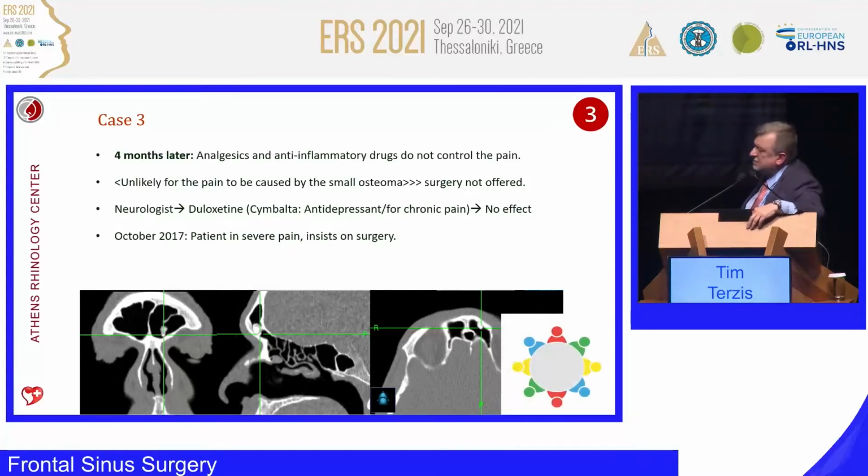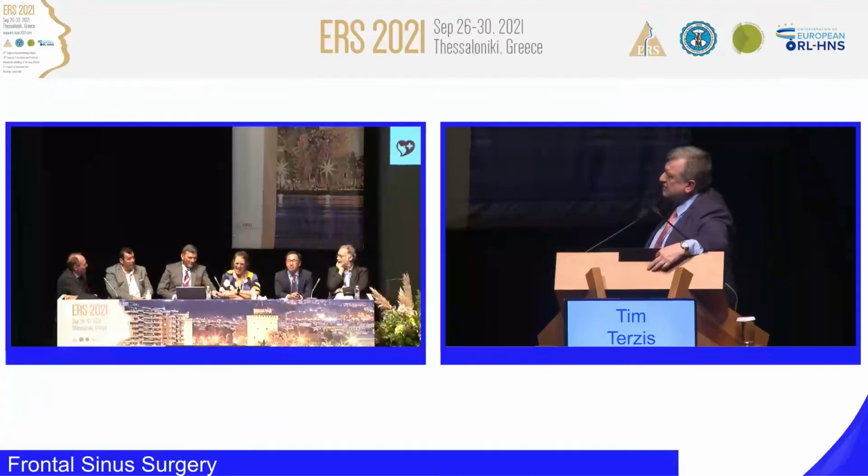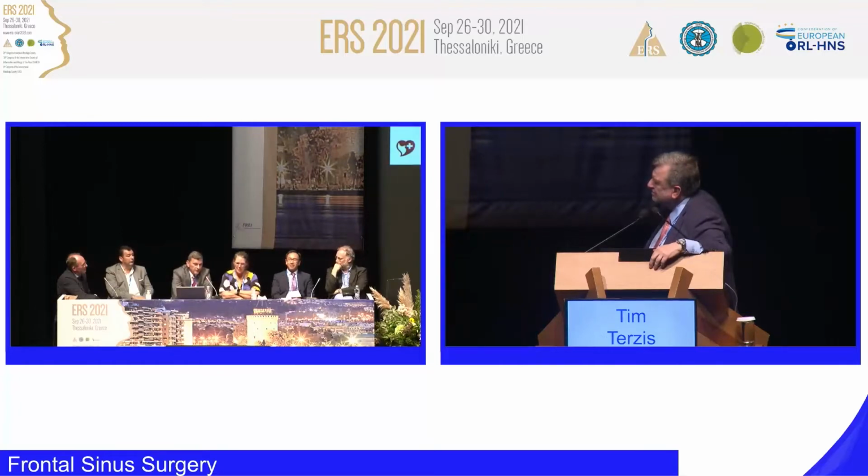So what would you think of this, Jannis? This is a difficult question. I will follow the patient. If the headache persists and continues, then I will talk with the patient about trying to remove this osteoma. I can't believe that this is the reason for the headache, to be honest. Okay.